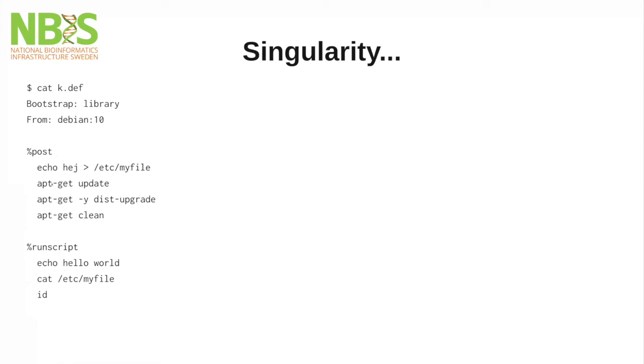So when we set things up, we run this stuff in the container build process. We also inform Singularity that the run script, the thing to run when we ask Singularity to run the container, is to just say hello world and output the file and my ID.